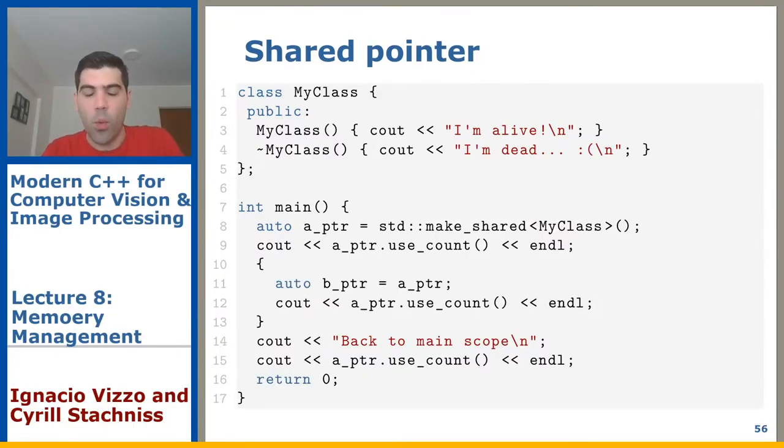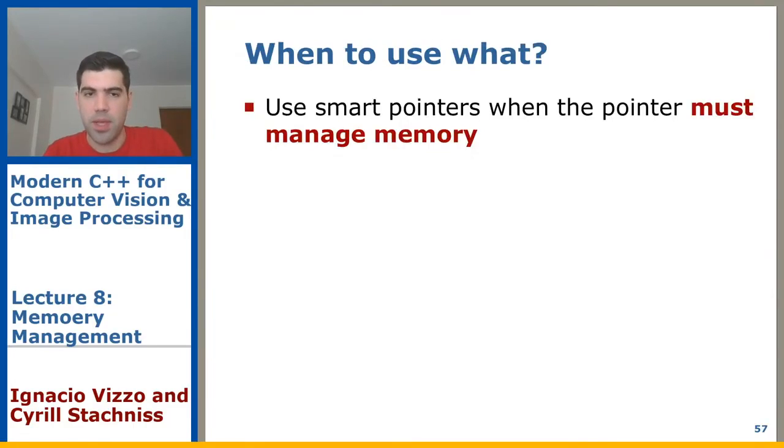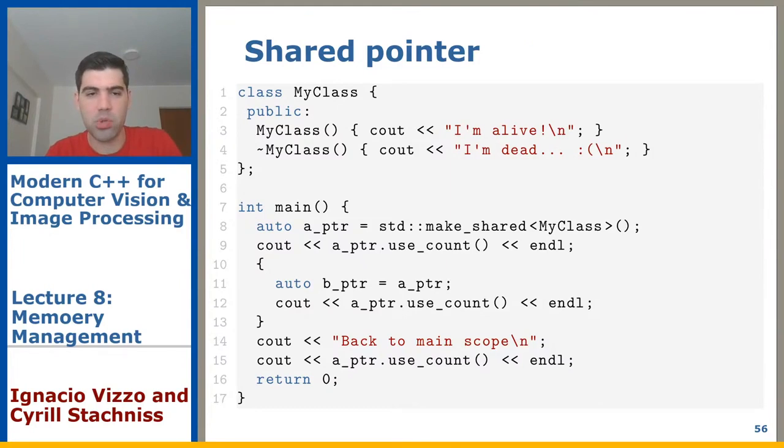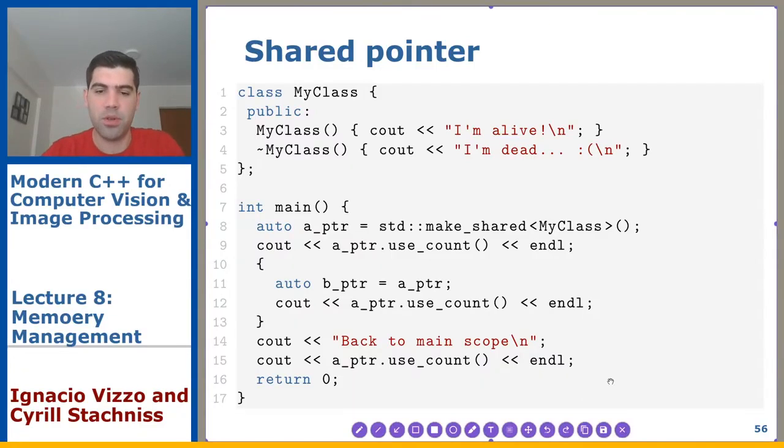And here's one simple example. The example is easy, so you can try it at home. Let's just highlight it. We have one class, with one constructor and one destructor. We will allocate this on the heap memory through a pointer.